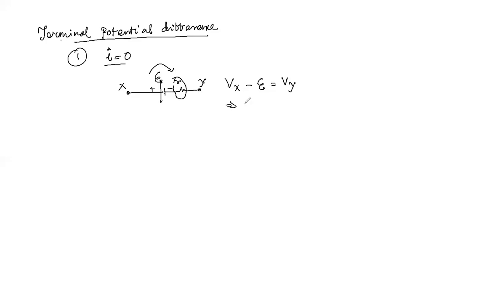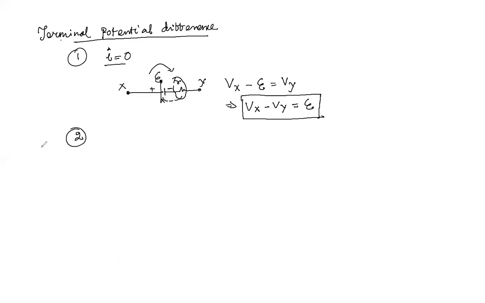So Vx minus E equals Vy, so we can write Vx minus Vy is equal to E. These are the two terminals of the battery, and it includes the internal resistance, because internal resistance is offered by the chemical and is not outside the battery. That's why this is called the terminal potential difference. So this is the case when the terminal potential difference is equal to the EMF of the battery.